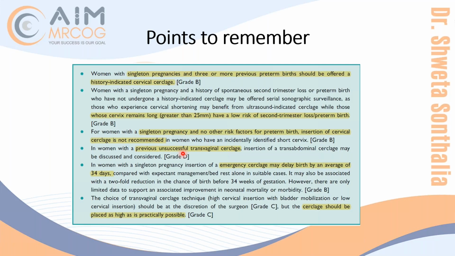They say that you should put it as high as practically possible. So if you have done McDonald and it has failed, there is scope of improvement by Shirodkar. That's why they say that if a McDonald failed and there is the option of Shirodkar, you will choose Shirodkar, not jump directly to transabdominal. So this is the point I wanted to tell. Clear now?